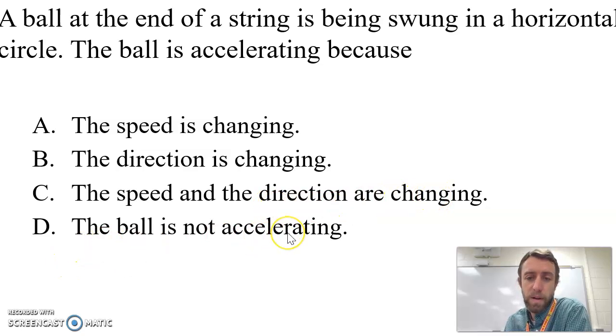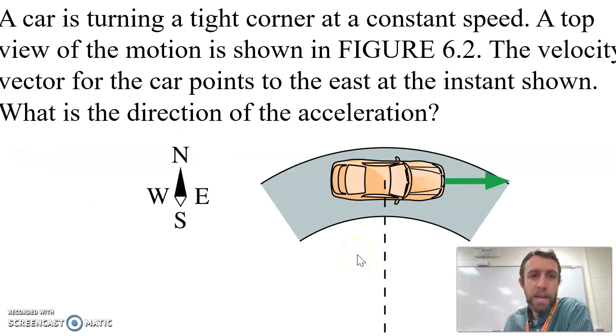Anything moving in a circular path is accelerating, so D is out. Speed, by the definition of uniform circular motion, is not changing, it stays the same, so B, of course, is the answer: the direction is changing.